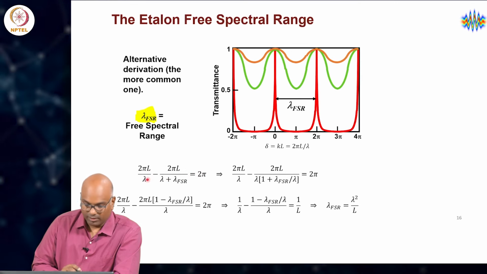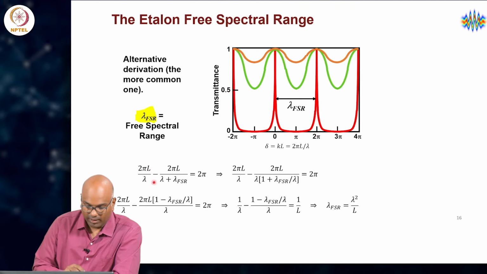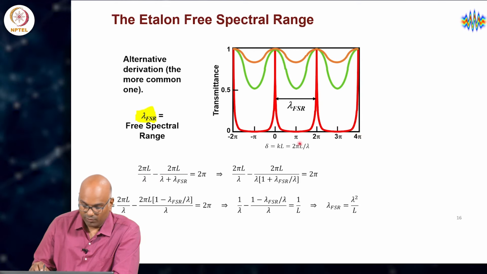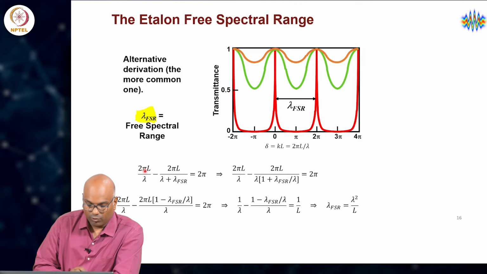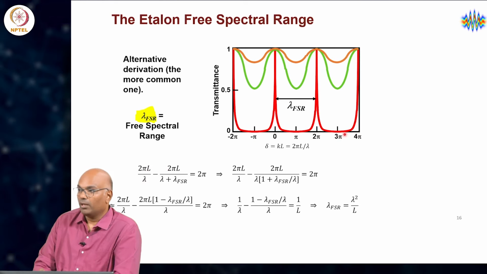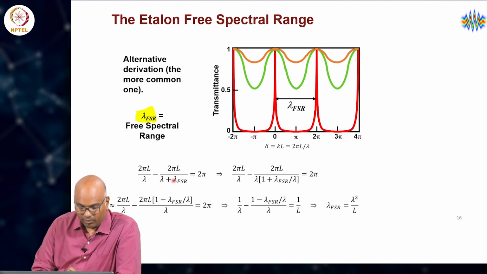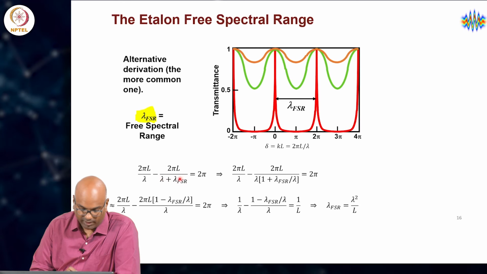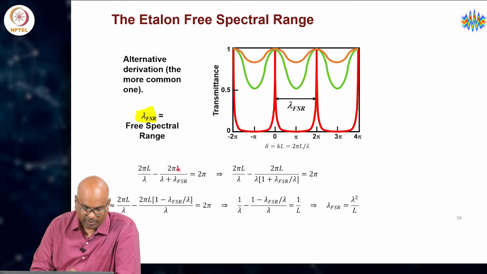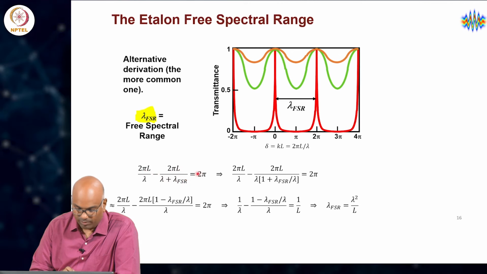We take the round trip phase delta. So, going from one peak at say 2 pi to the next peak at 2 pi plus 2 pi, which is 4 pi, this round trip phase 2 pi L by lambda between the two successive peaks, formed on account of the wavelength moving from lambda to lambda plus the free spectral range in wavelength, lambda FSR, this difference should be 2 pi. 2 pi L divided by lambda minus 2 pi L divided by the sum of lambda plus lambda FSR should be 2 pi.